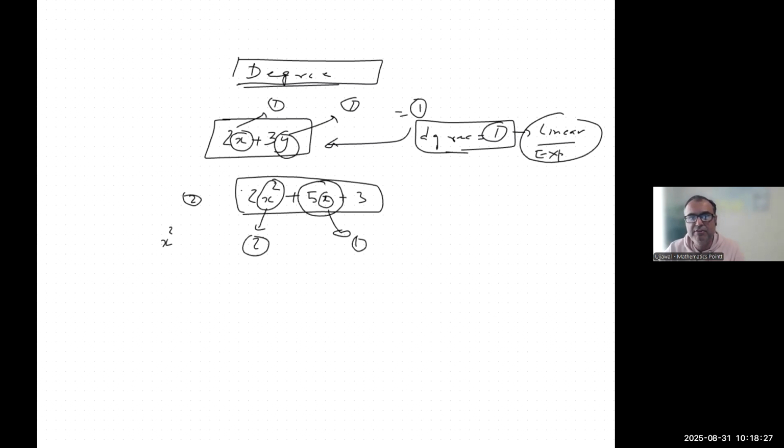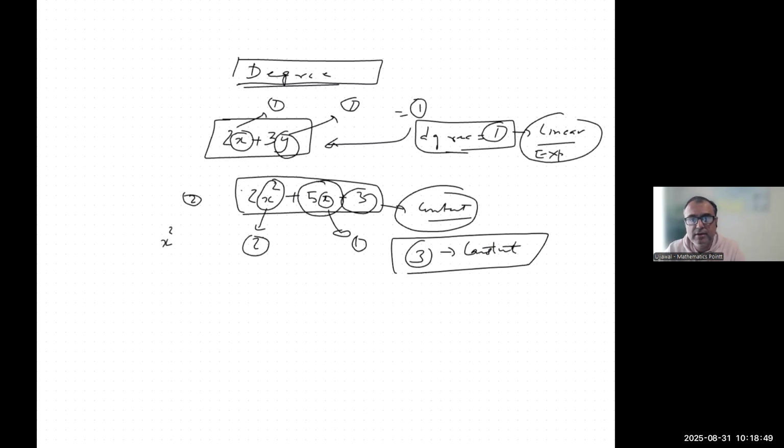And this is anyway a constant term, so it does not have any power. So quick question. I just said 3 is a constant. When 3 is a constant, what is the power of x here?